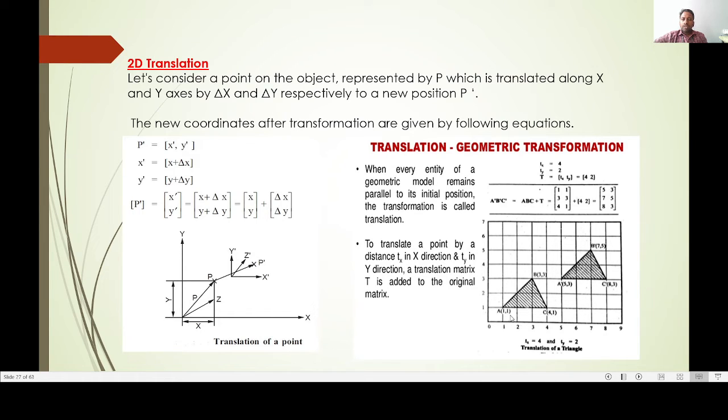X is added with 4 and y is added with 2. So 1 plus 4 is 5 and 1 plus 2 is 3. So the translated point of A is (5, 3). Similarly, we need to find out B dash and C dash.